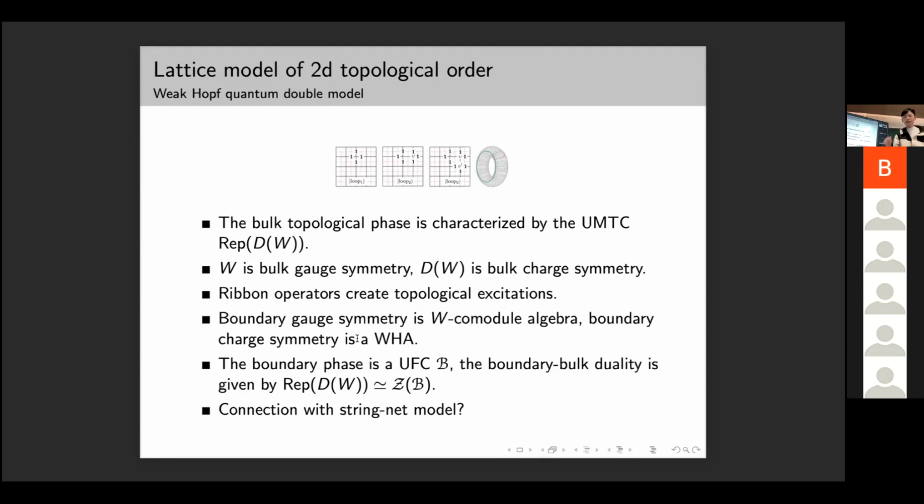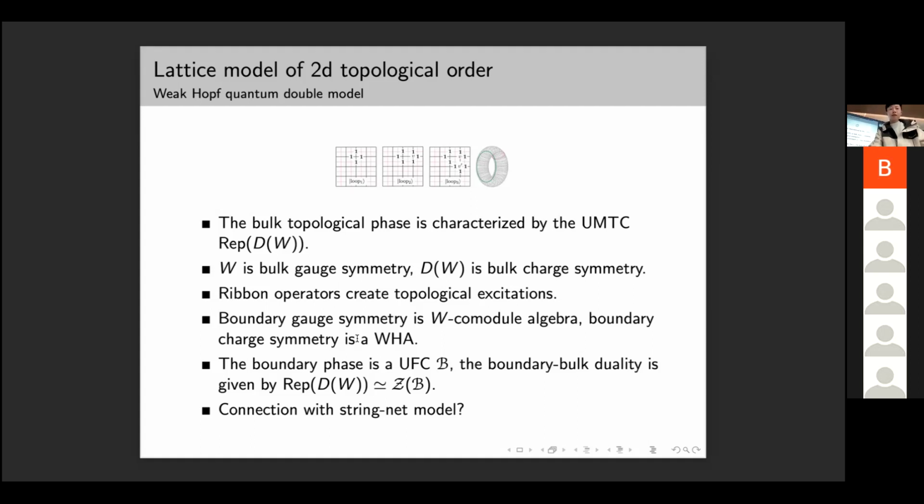And its excitation, its charge symmetry, should also be a Hopf algebra, because we know that for the 1D gapped boundary, its phase is just a fusion category. So there is also a Hopf algebra whose representation is just this 1D gapped boundary phase.